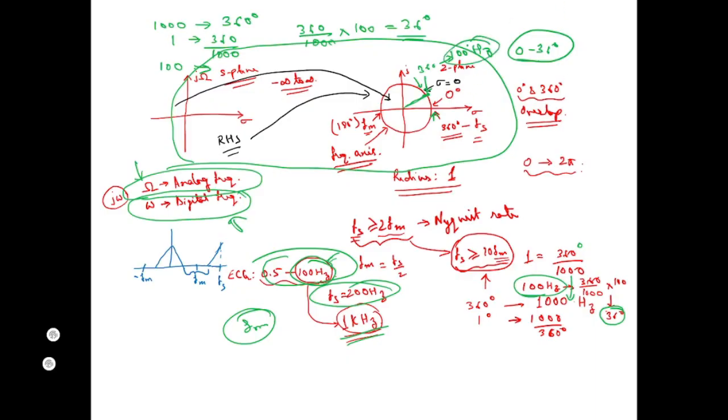We discussed this. What should be the minimum number of points in 1 second to faithfully reconstruct the signal? 1000 कैसे होगा? What is the Nyquist frequency? 200. So in 1 second, you should have 200 points.